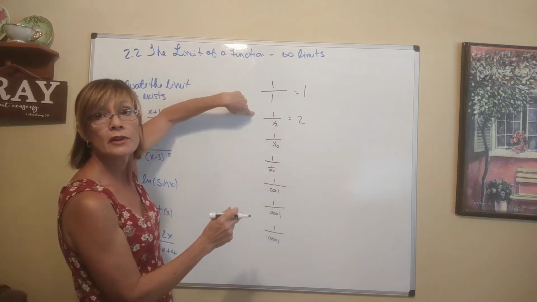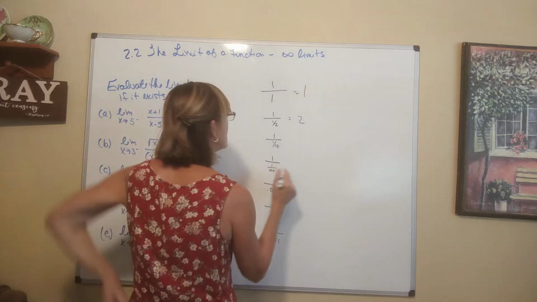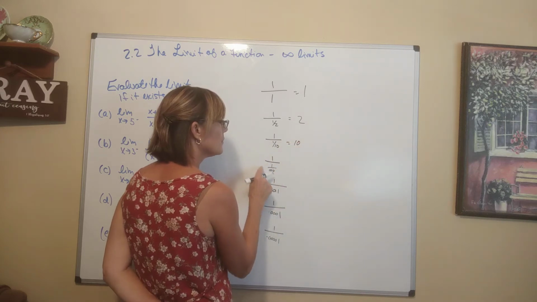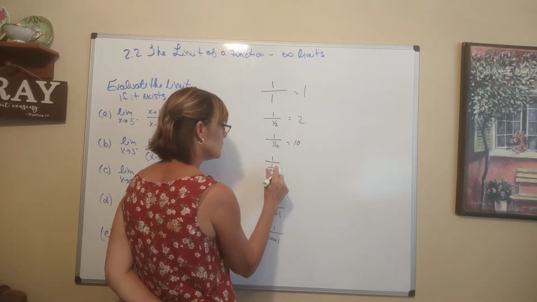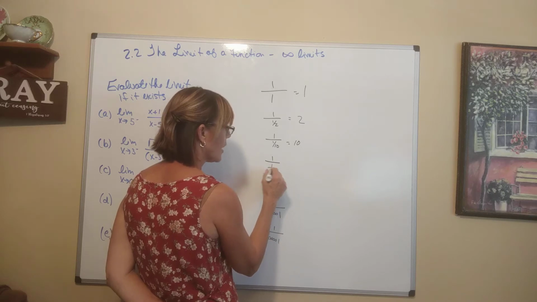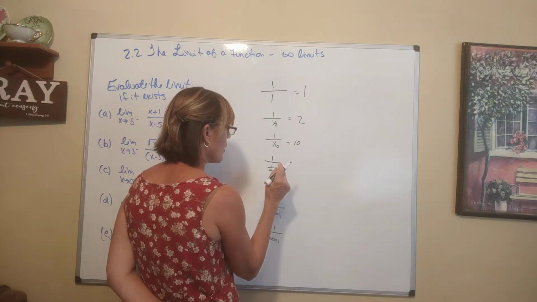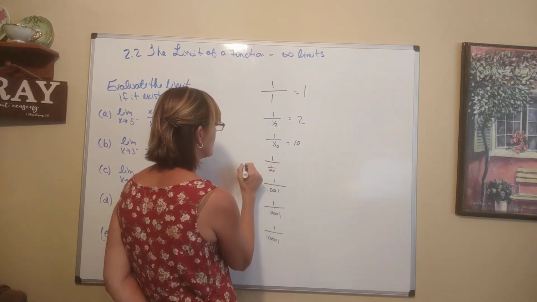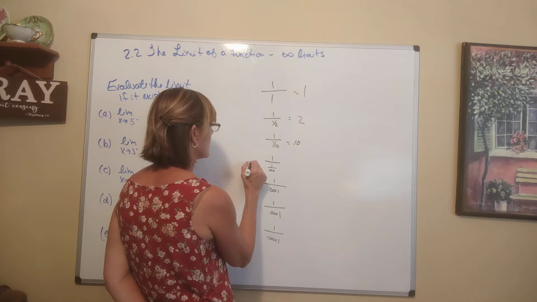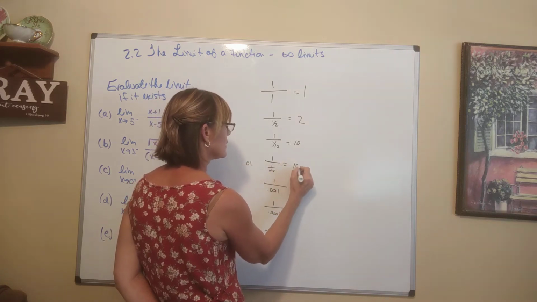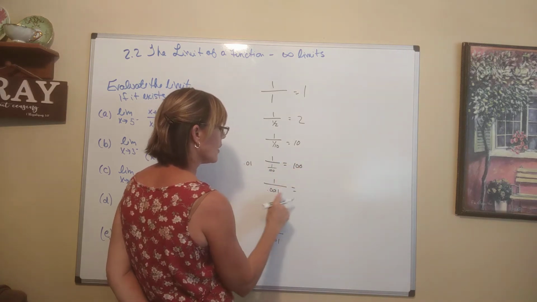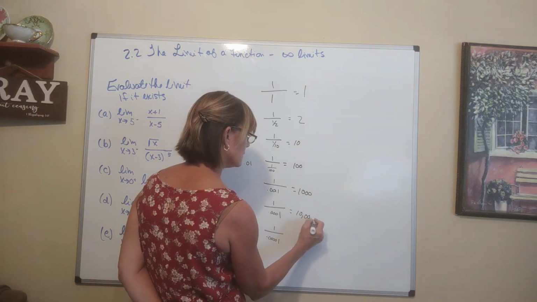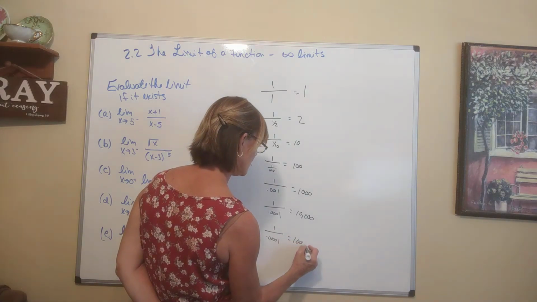You could do keep, change, flip to prove this to yourself. 1 divided by 1/10 is 10. 1 divided by 1/100, or 0.01, is 100. 1 divided by 0.001 is 1,000. This would be 10,000. This would be 100,000.